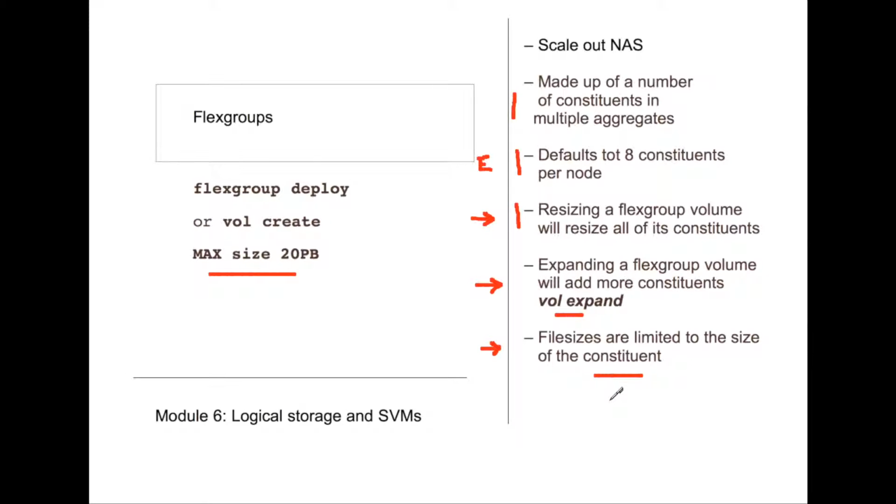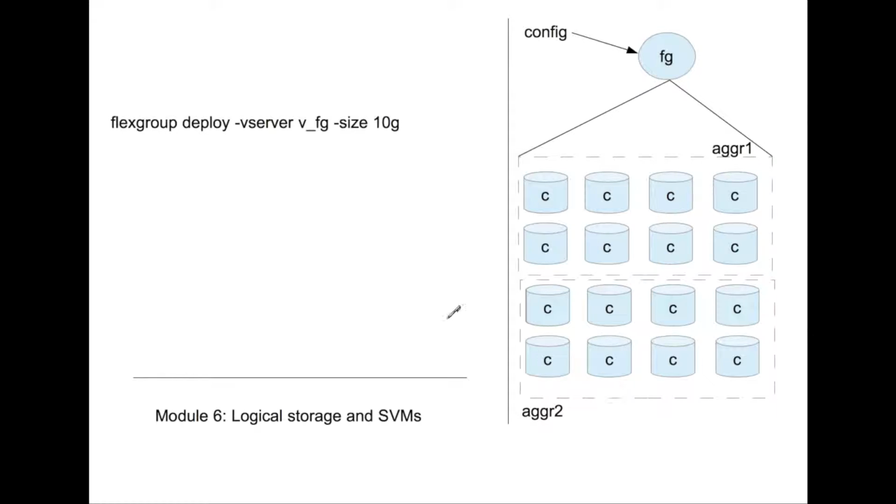An example, creating a flex group by using flexgroup deploy, specify the storage virtual machine, and then specify the size. It will generate a number of constituents. And as you can see here, if you've got two nodes, each node has its own data aggregate, then it will create 8 constituents in Aggr1 and it will create 8 constituents in Aggr2.